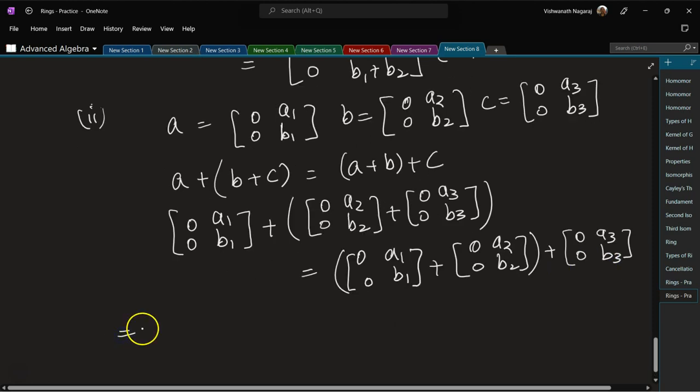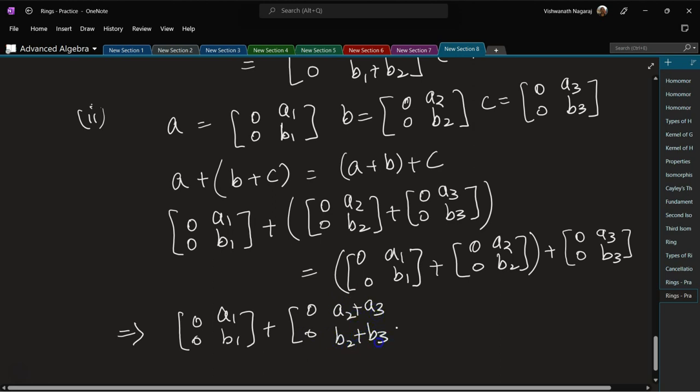So [0 0; a1 b1] plus [0 0; a2 b2] plus [0 0; a3 b3]. Now let's see. This implies [0 0; a1 b1] plus, let's add up these two, [0 0; a2 plus a3, b2 plus b3], is equal to, let's add up these two, [0 0; a1 plus a2, b1 plus b2] plus [0 0; a3 b3].